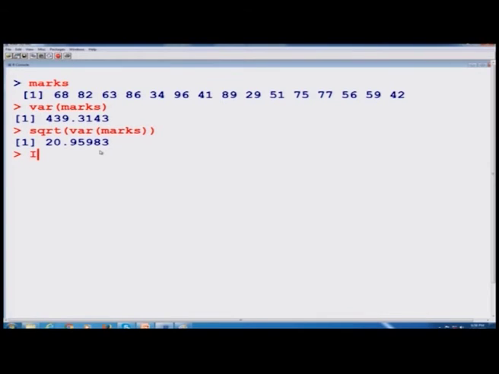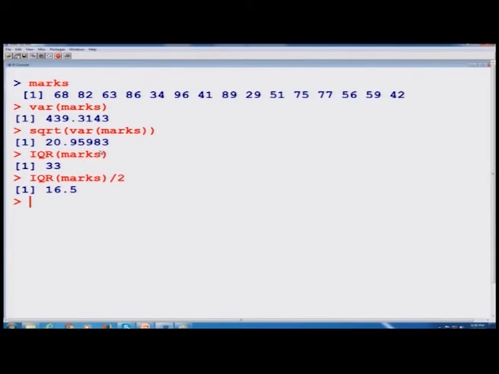Now if you want to find out the interquartile range, you simply have to type IQR and the data vector here, marks. This gives here 33. Similarly, if you want to find out the quartile deviation, which is half of the interquartile range, you simply have to write IQR of marks divided by 2, and this gives this value.